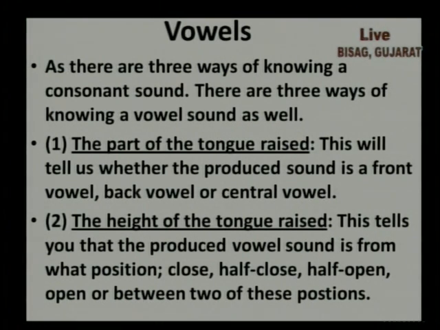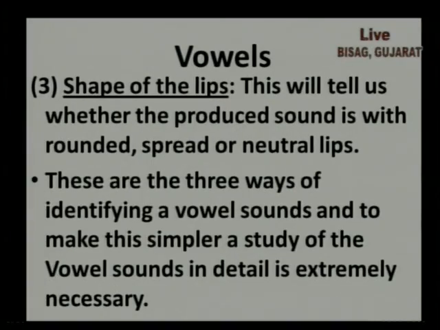But we can derive the 3-term definition of a vowel, depending on which part is raised and how much it is raised. So we dealt with the 2 parts, which talk about the part of the tongue raised, which is front, back, or central, and the height of the tongue raised, which tells you if it is a close sound, half close, half open, open, or between close and half close, between half close and half open, or between half open and open. Now the third part talks about the shape of the lips.